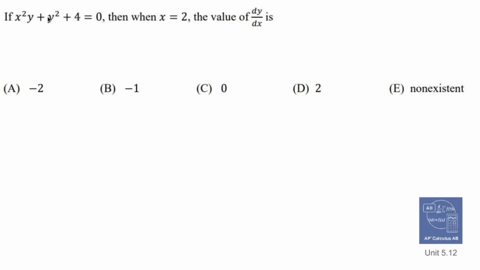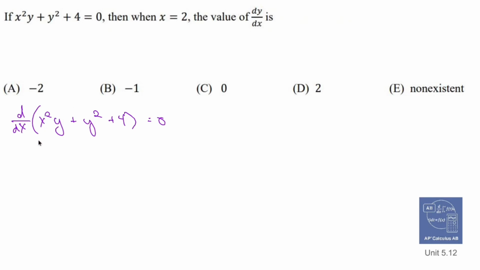If x squared y plus y squared plus 4 equals 0, then when x equals 2, the value of dy dx is. So we're going to have to use implicit differentiation and d/dx both sides. So d/dx of x squared y plus y squared plus 4 equals 0.